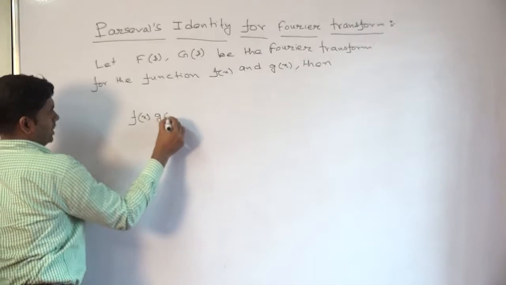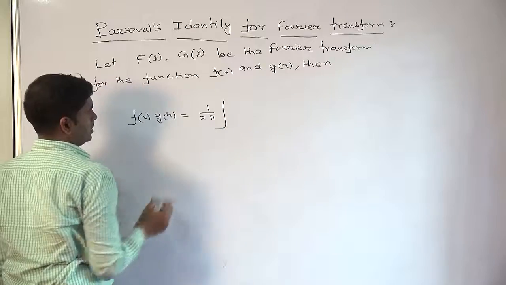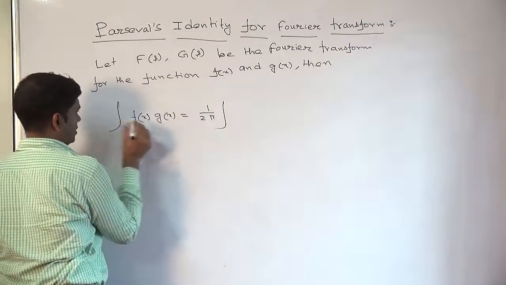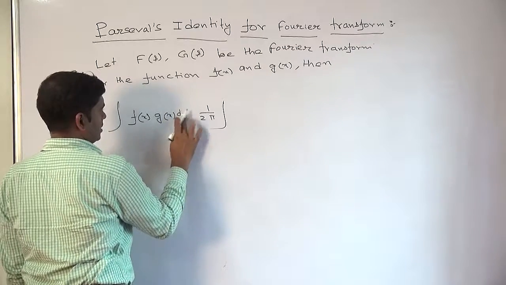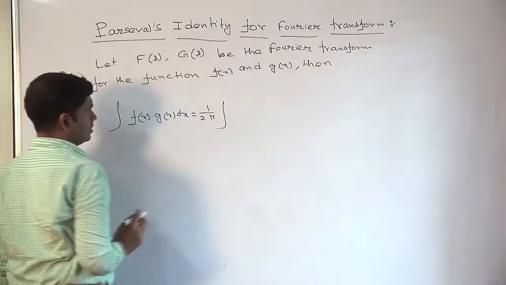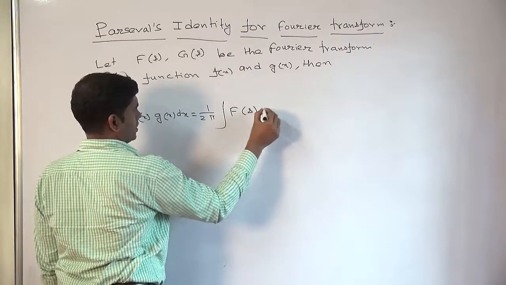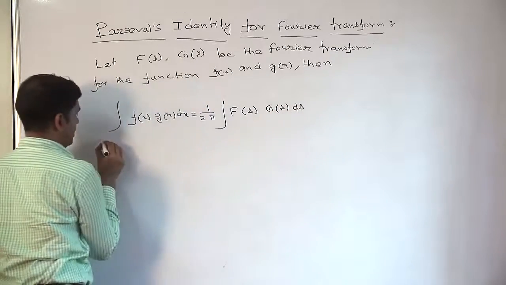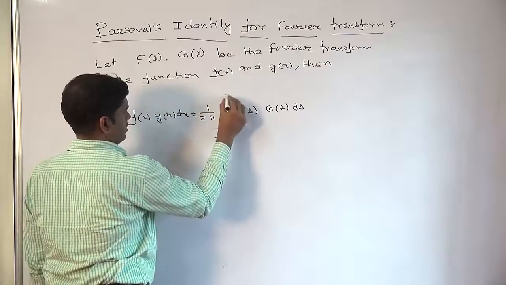the integral of f(x) g(x) dx is equal to 1 by 2 pi times the integral of F(s) G(s) ds.